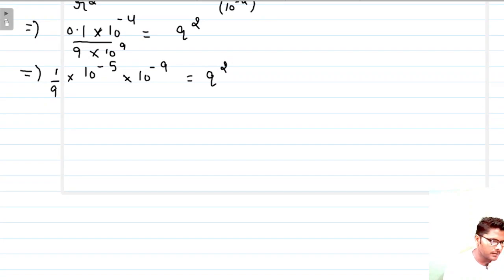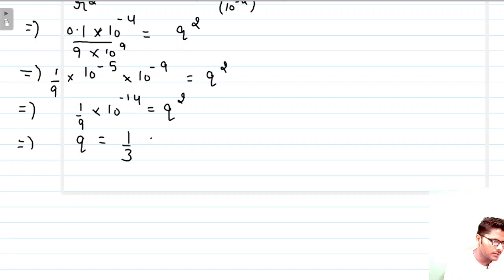We will solve this further. This will be 1 over 9 into 10 raised to power minus 14 equal to q squared. When you square root both sides, you get q equal to 1 over 3 into 10 raised to power minus 7.